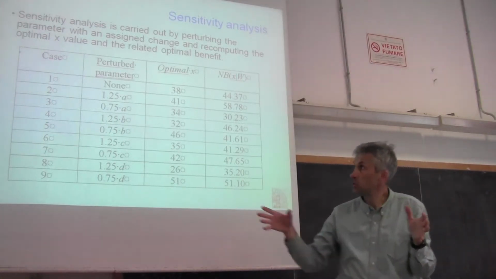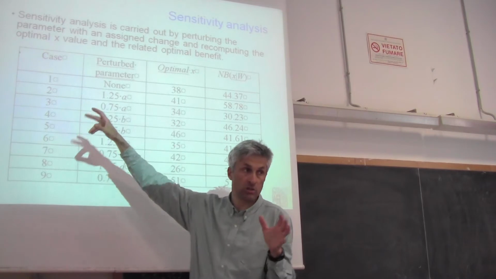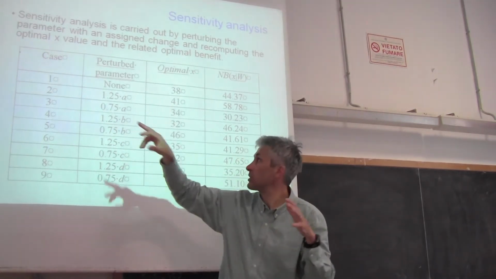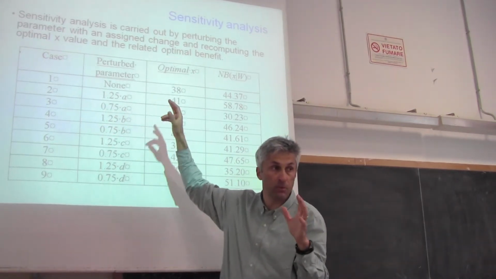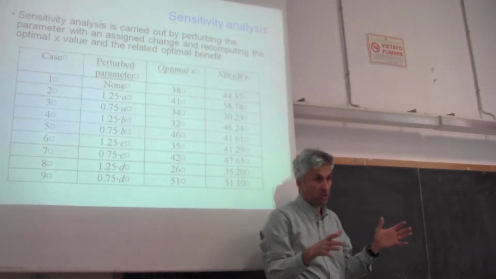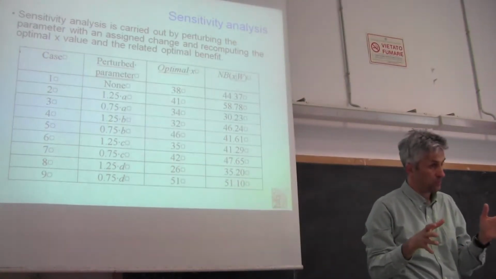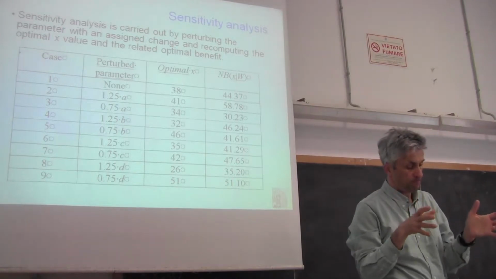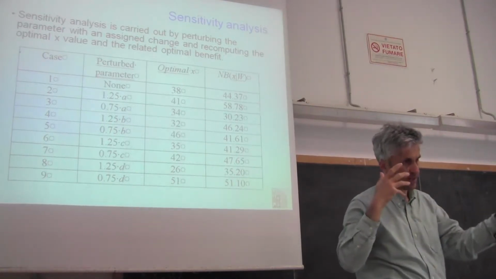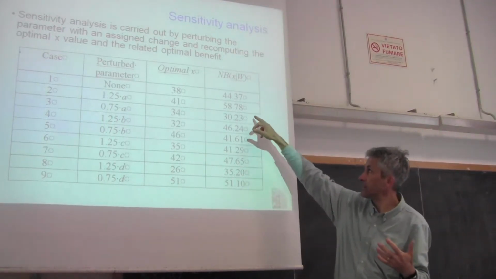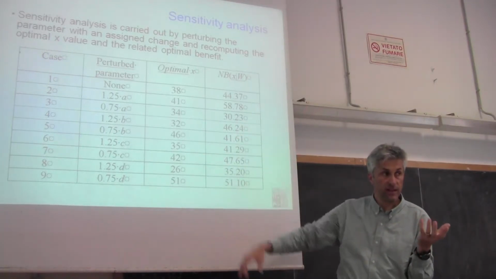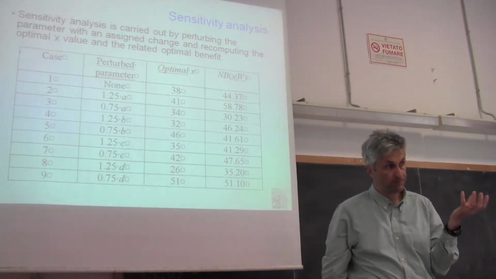So now I perturb A and I end up with a different allocation. So there is a mistake in the allocation. This is easily understandable. But then, let's look at the estimate for the benefit. The estimate of the benefit is wrong.